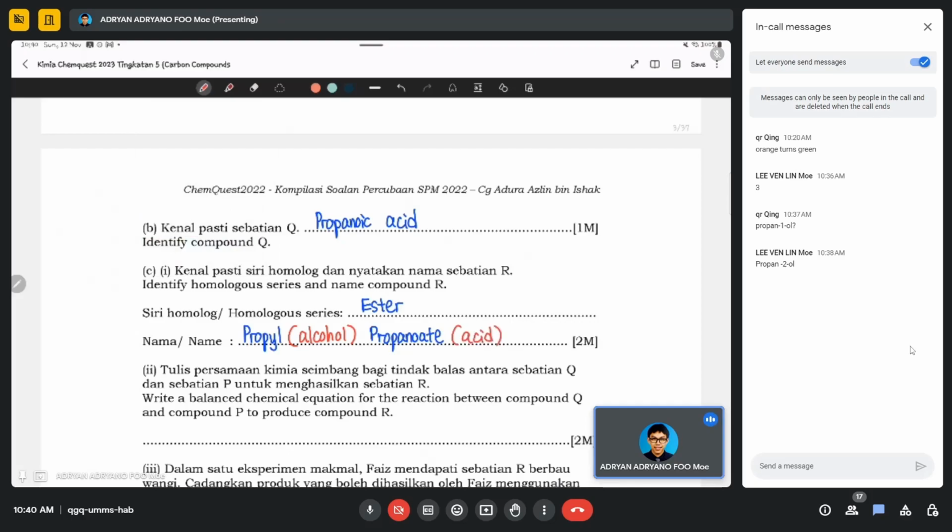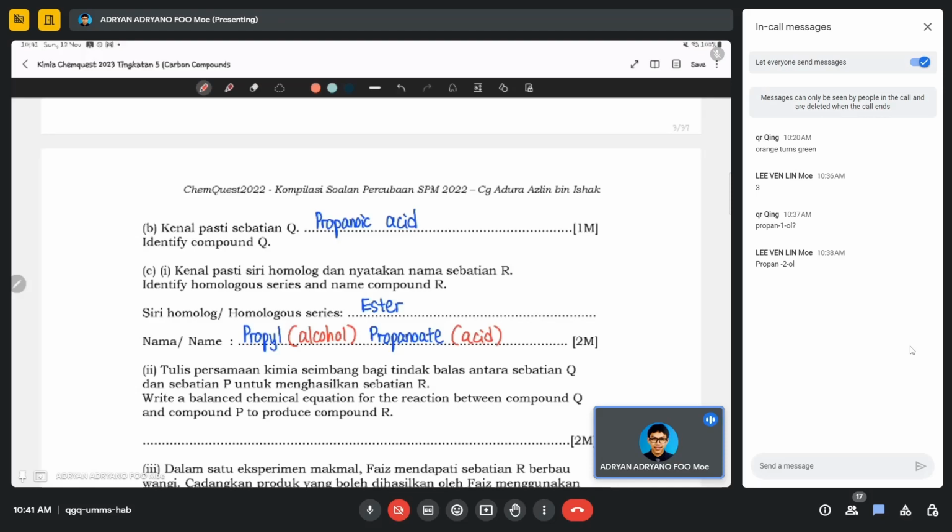So remember its naming. For an ester, the naming is alcohol and then acid. But when you draw its structure, it is acid first, then alcohol. That is the difference. When you give the name, it is alcohol followed by acid.